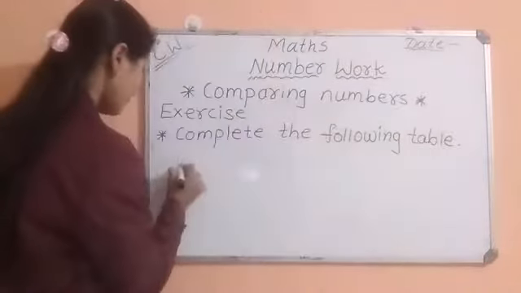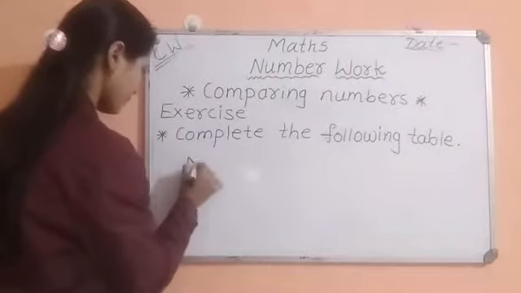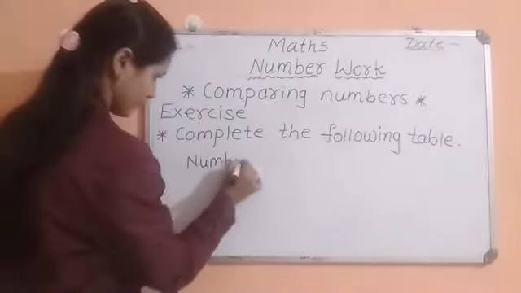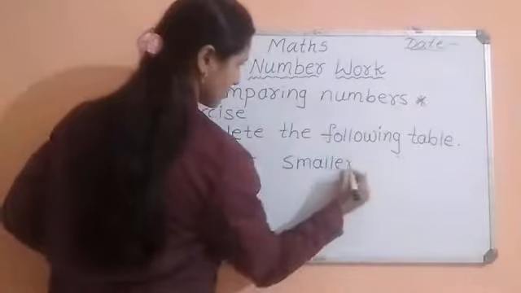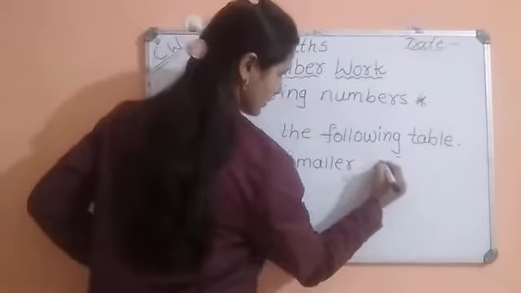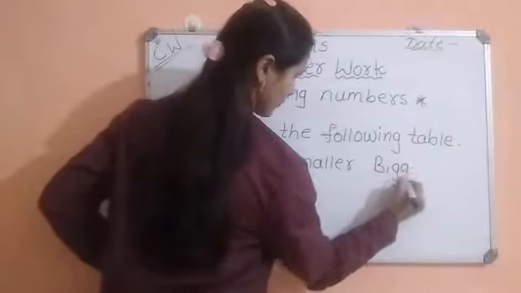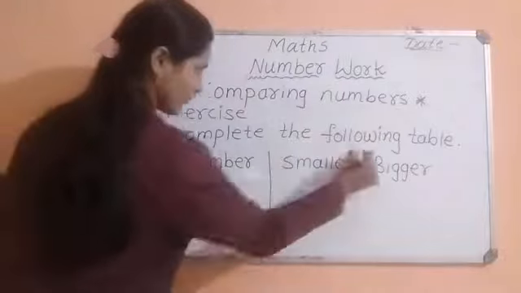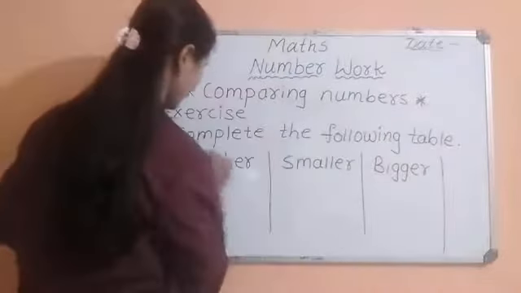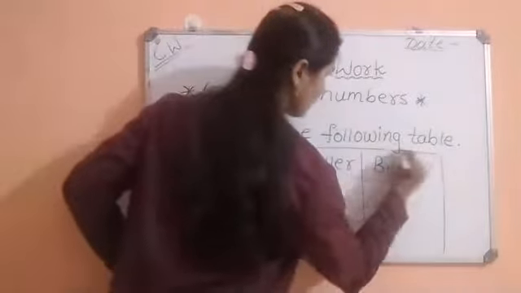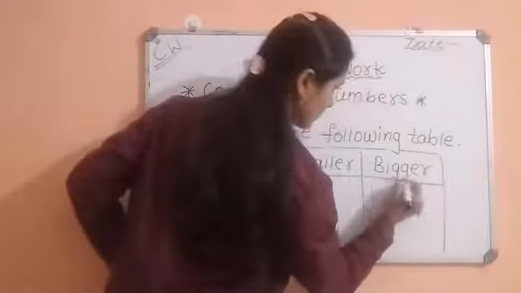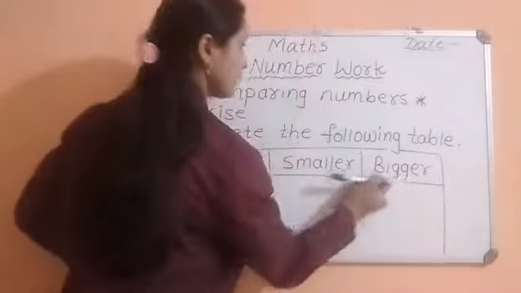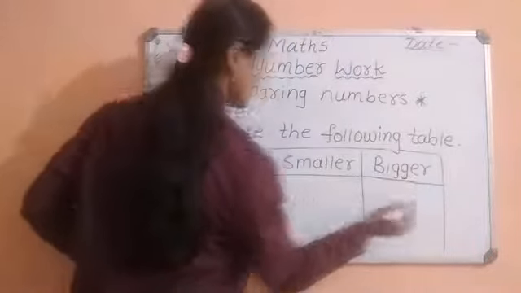Okay, now the numbers, smaller and bigger. Draw the table. Here.